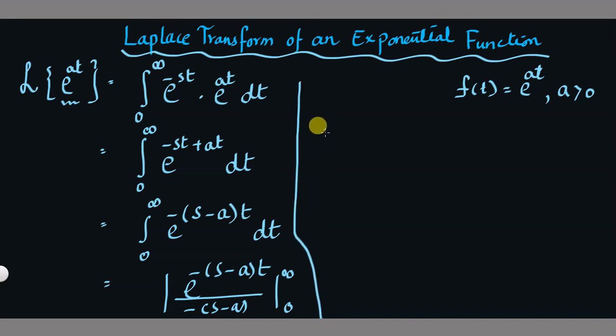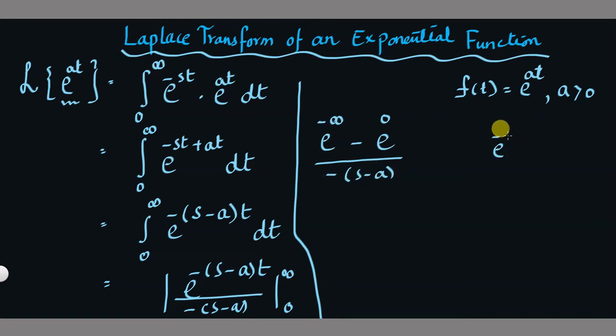Now just by inserting the limits, upper limit and lower limit: when we insert the upper limit, infinity, it will become e raised to the power negative infinity, then minus e raised to the power 0, over the denominator minus (s minus a).